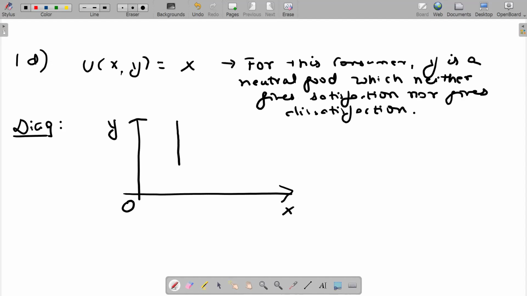So my indifference curves are going to be vertical. And my direction of preference is going to be in the east direction. So higher indifference curves are going to be in the east direction. This is I0, this is I1, this is I2. Okay, so my preference is in the east direction.